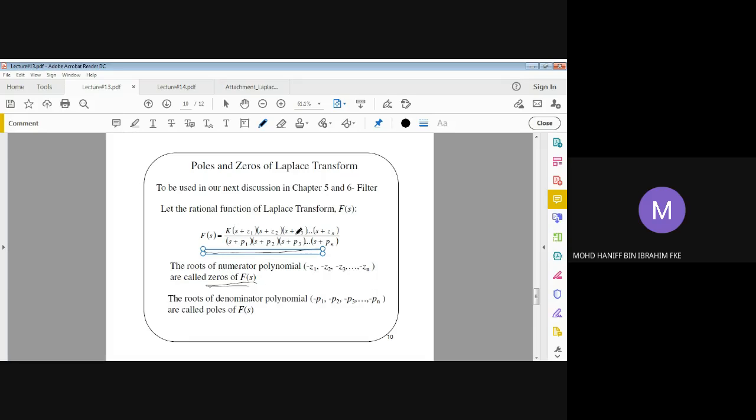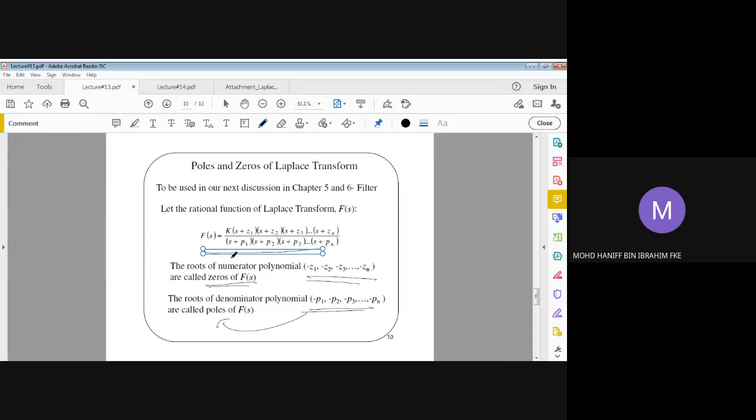For instance, for this particular polynomial, the roots are -z1, -z2, -z3, and so on. So these roots are called the zeros. Whereas for the denominator, the roots of this polynomial are -p1, -p2, -p3, up to -pn. So all of these roots are called the poles.